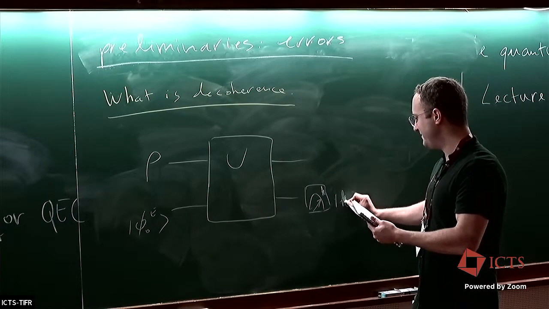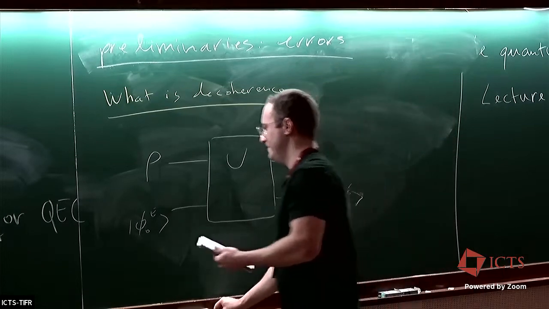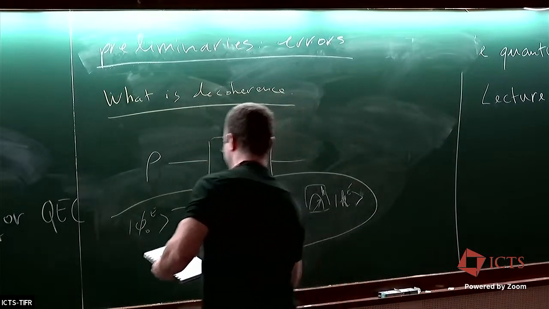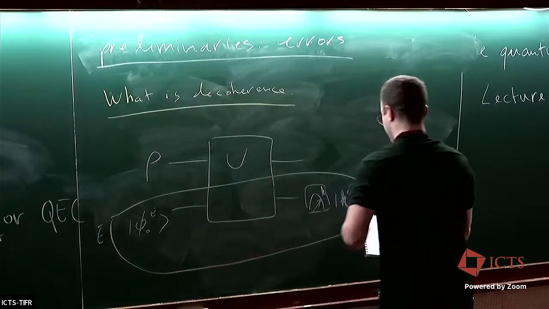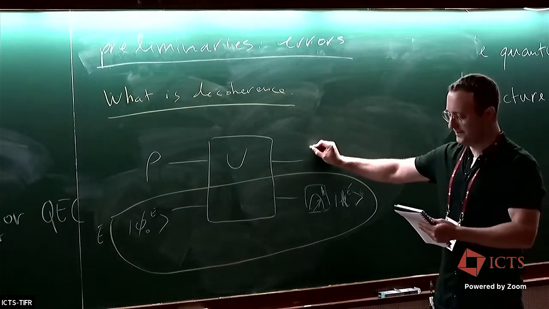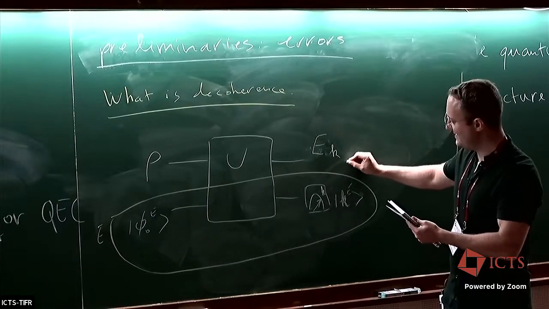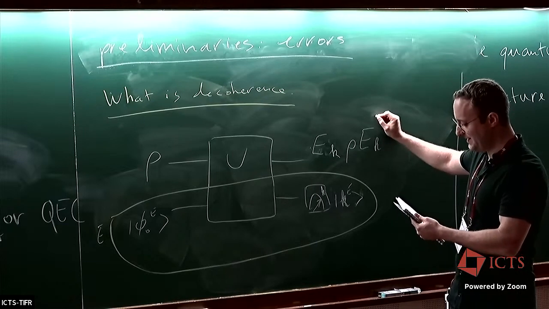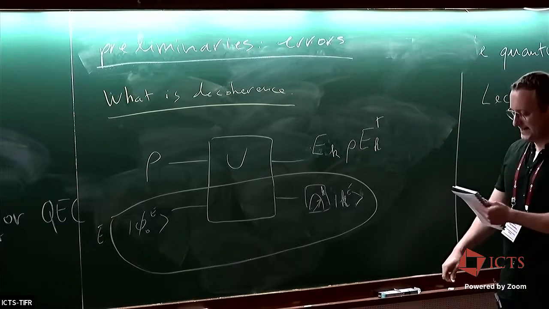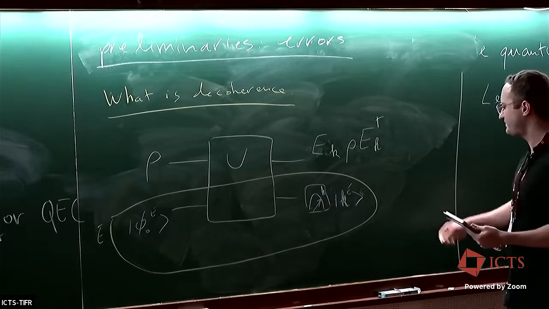So it gets outcome K. Just to be clear, this is the environment. And then what comes out of here will be this piece here: E_K rho E_K dagger. And E_K is what we call errors or error operators.